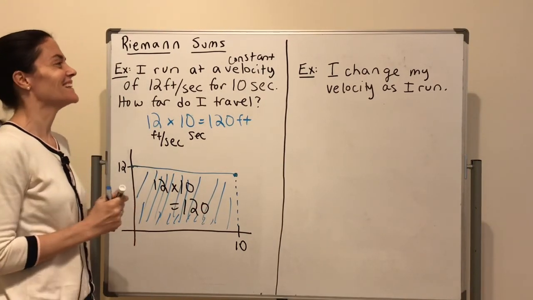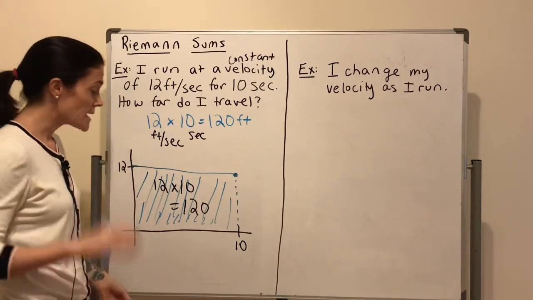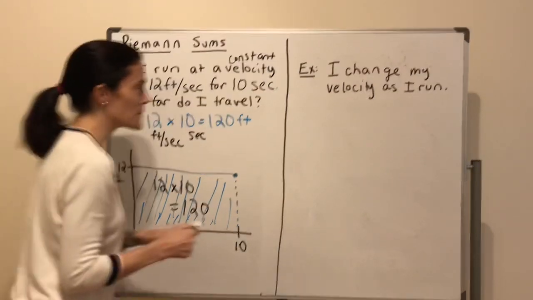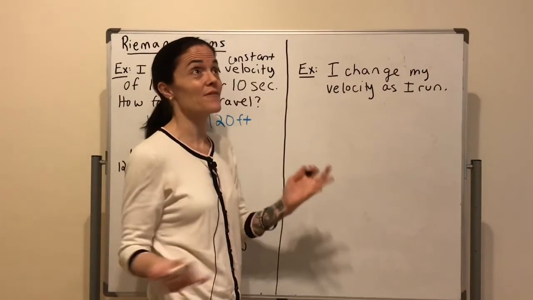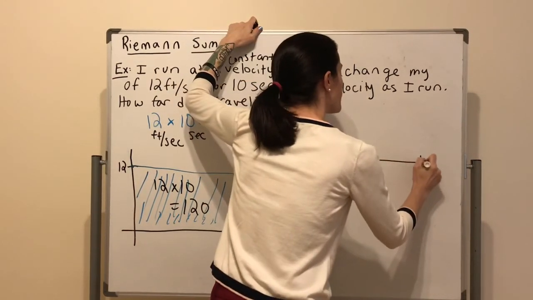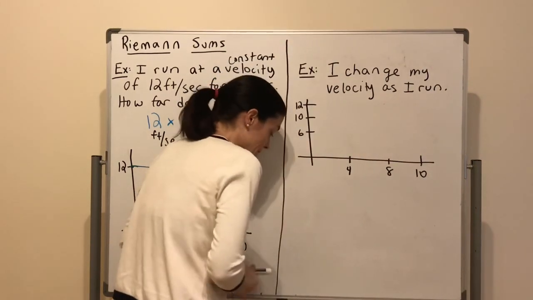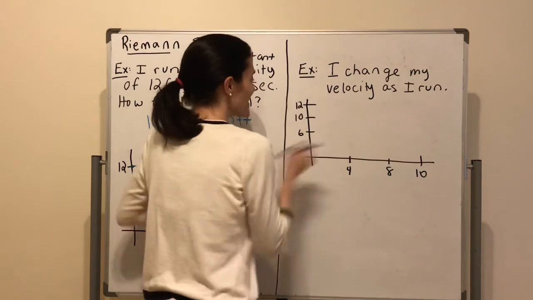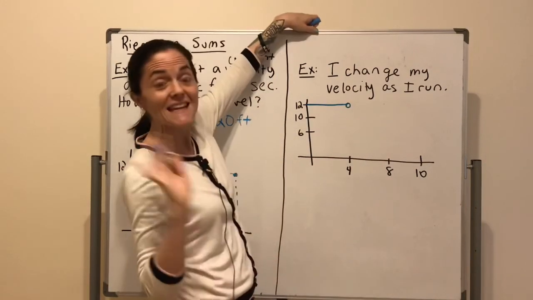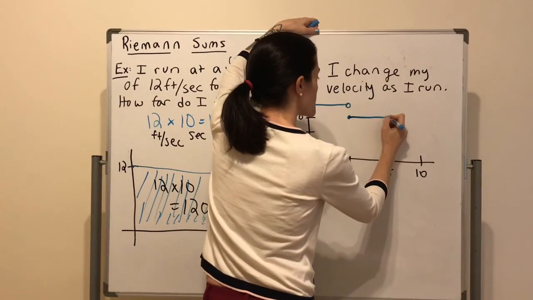Okay, well, now let's change the example just slightly. Suppose I change my velocity as I run, and let me just draw a picture or graph of my velocity function. I will still run for 10 seconds. So for the first 4 seconds, I will go 12 feet per second. That's here. And then the next 4 seconds, I will go 10 feet per second.